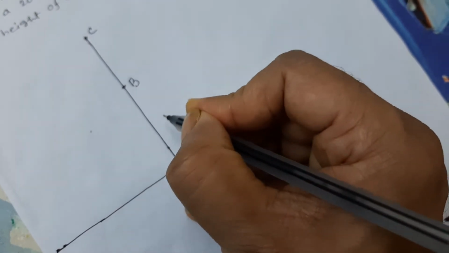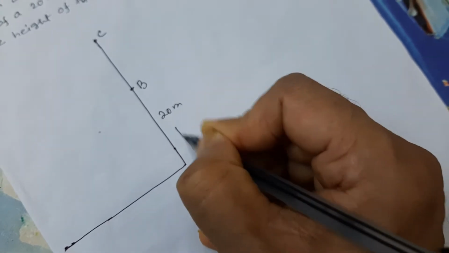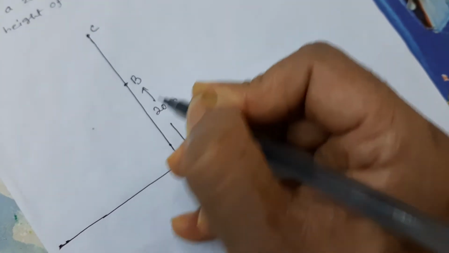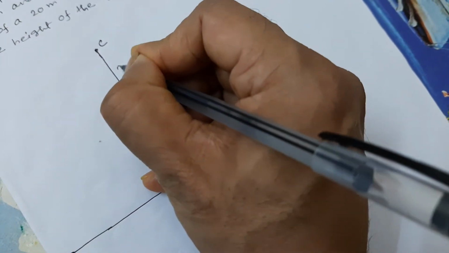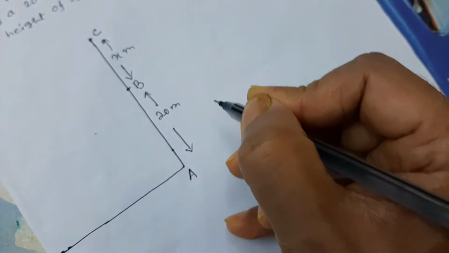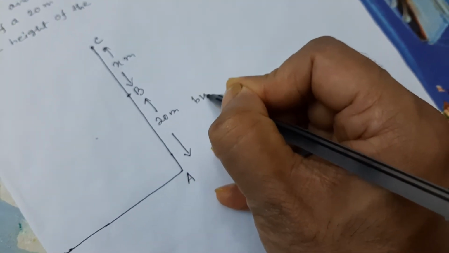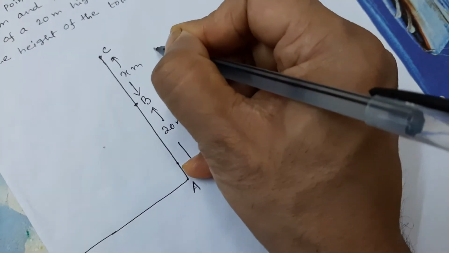So this building height is 20 meter. And find the height of the tower. Suppose tower height is x meter. So this is building and this is tower.